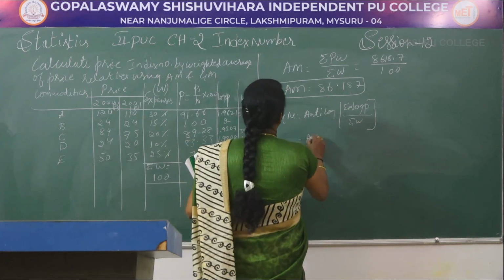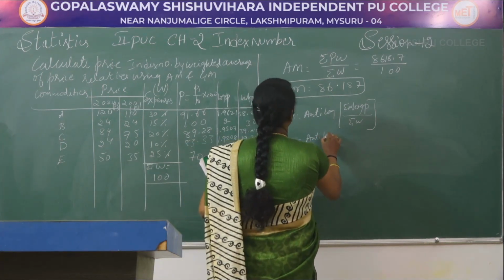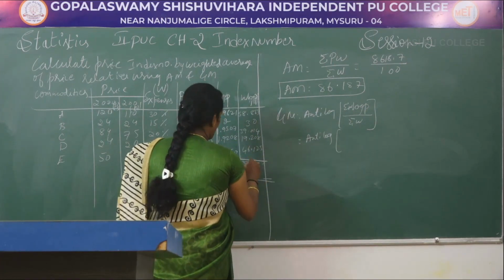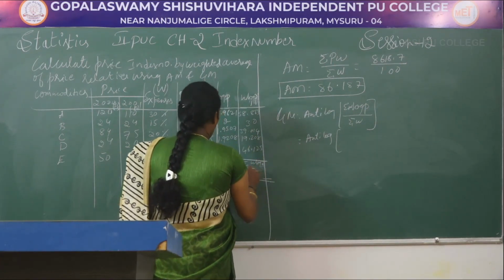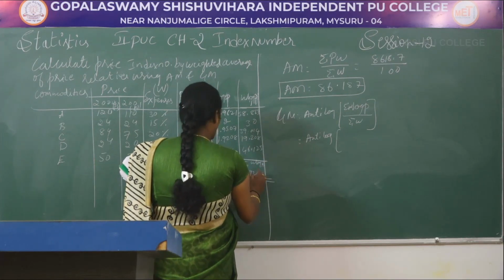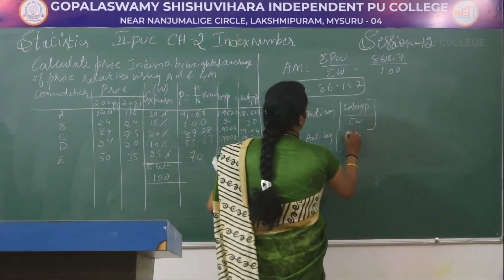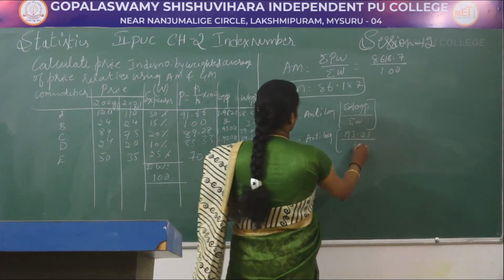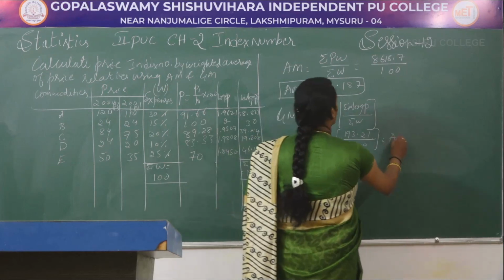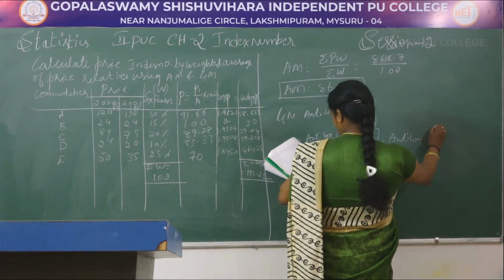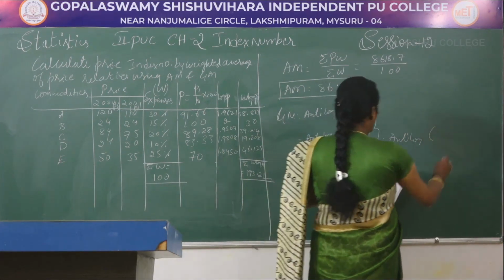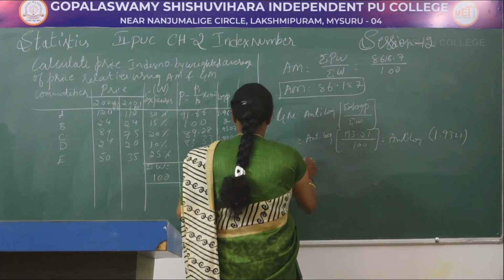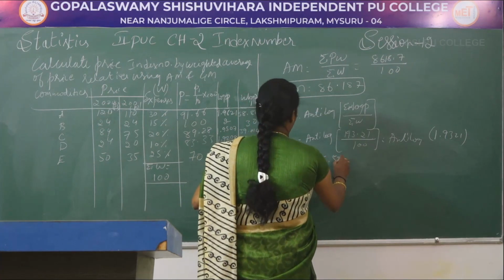And this is anti-log summation W log P. So I have to take summation of W log P, and this is 193.21. 193.21 divided by summation W, which is 100. This is anti-log 1.9321 and GM value is 85.5263.